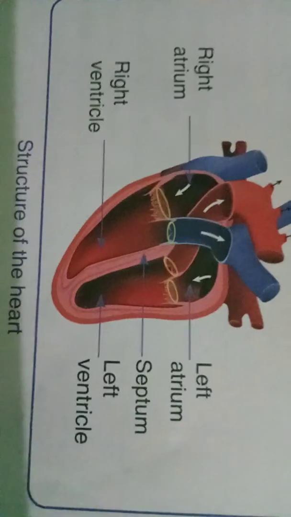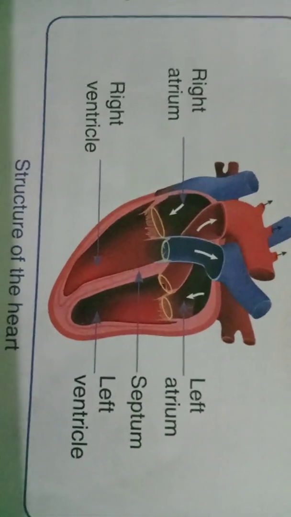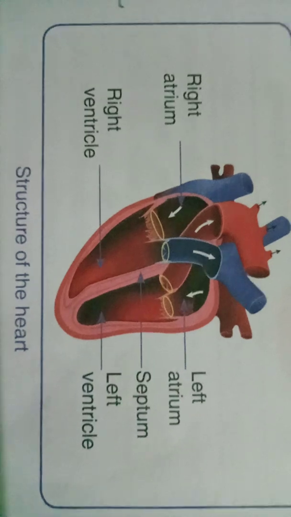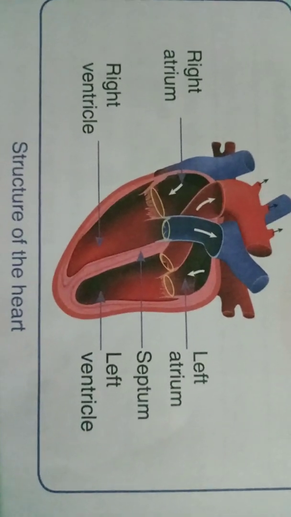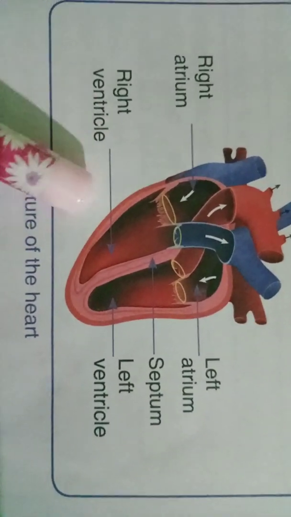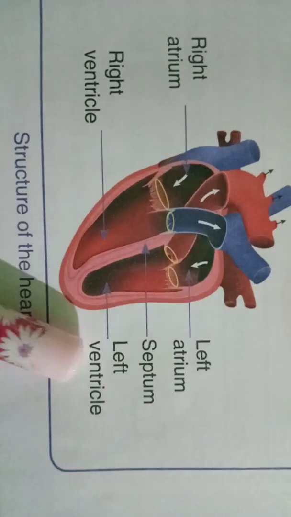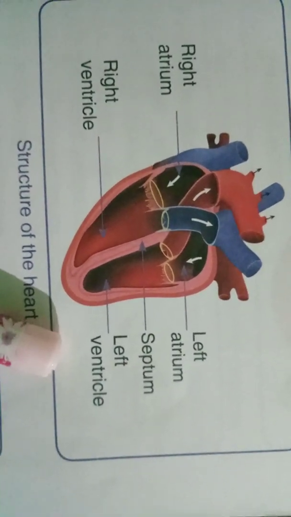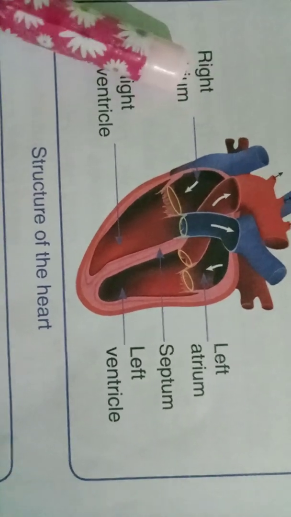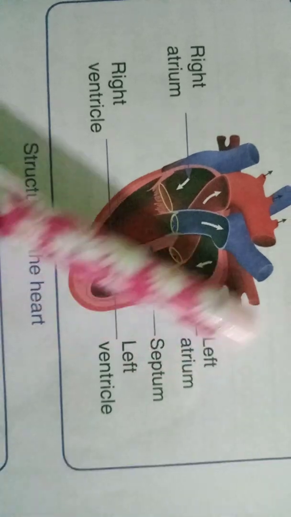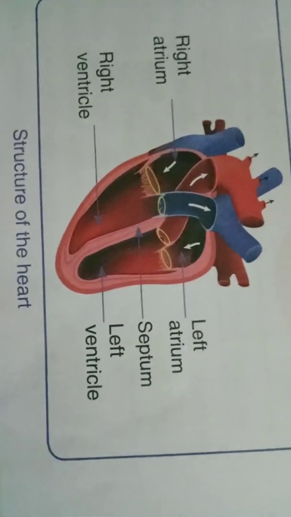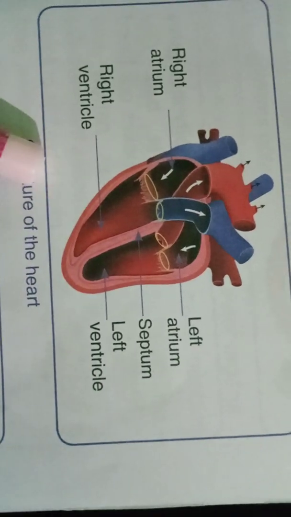Children, the left ventricle and the right ventricle are placed at the bottom of the heart. The right atrium and the left atrium are placed at the top of the heart. Okay, there is a wall between them.